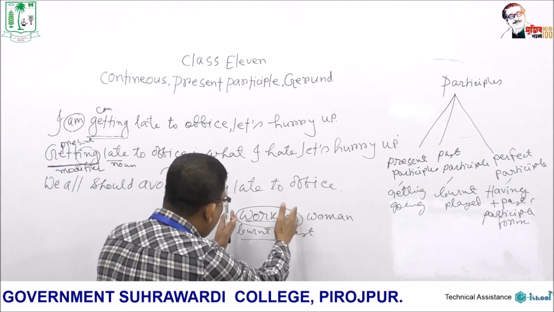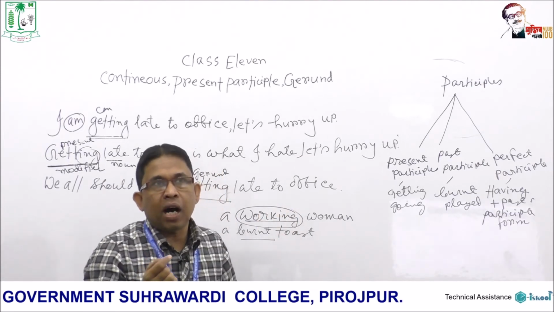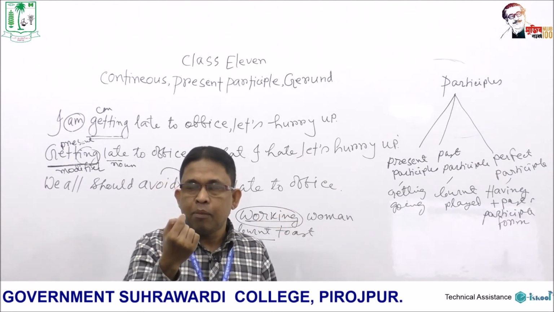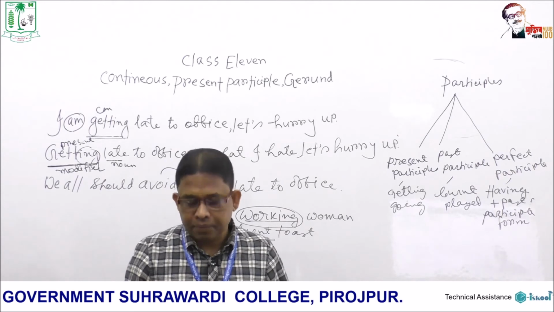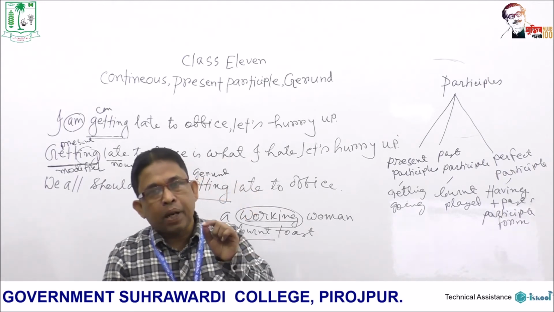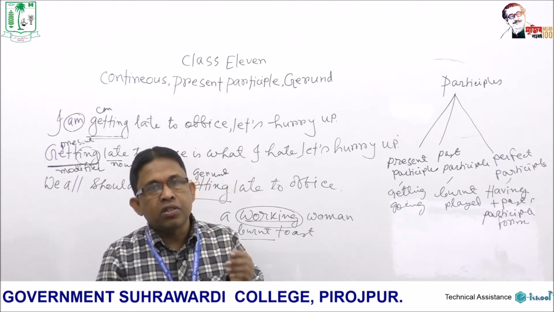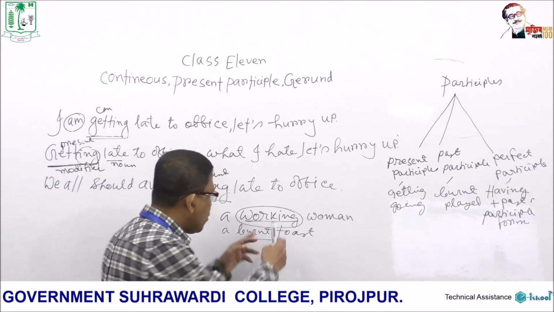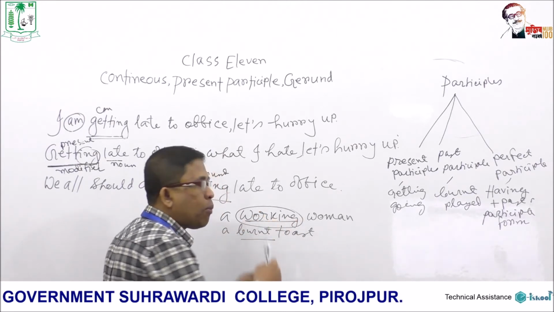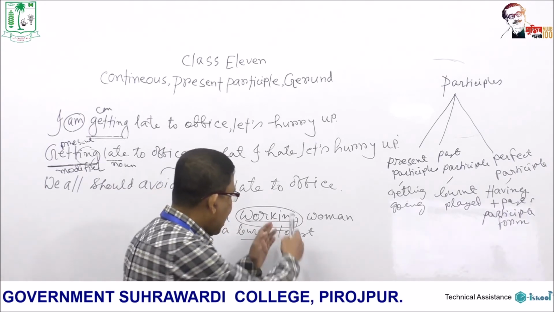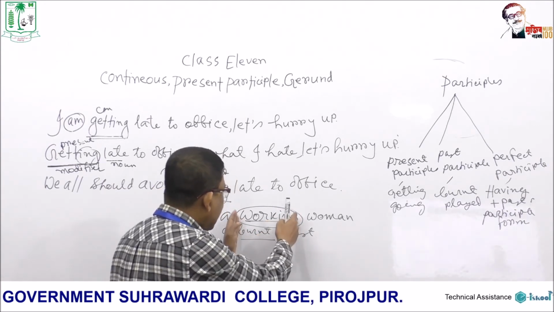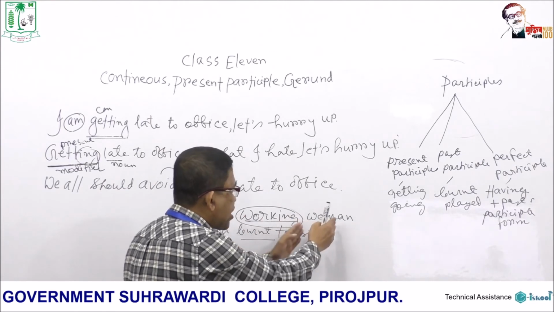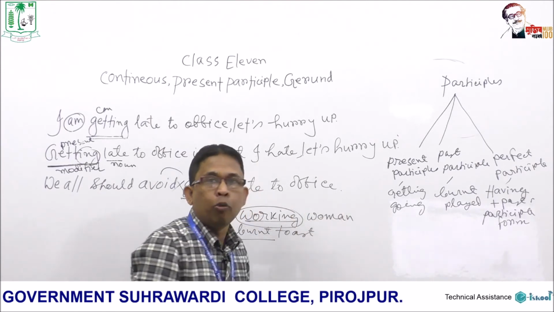The origin of this working is the verb work, because as I have mentioned, a present participle derives from a verb. Of course, working comes from work plus ing, but it functions as an adjective by modifying the word woman.